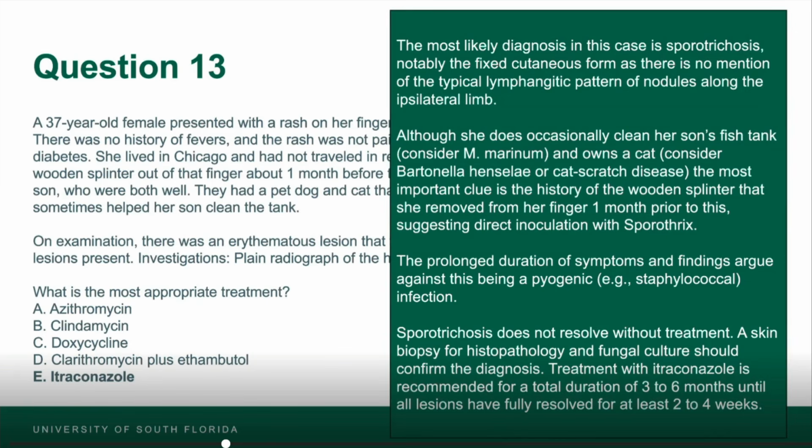So yeah, they're saying this is a fixed cutaneous form, as there's no typical lymphangitic pattern, and she has other risk factors here in this history, but it was really the wooden splinter that would point you towards sporotrichosis. I don't know that this is a perfect question. If you do have that nodular lymphangitis, it can also be things like staph and strep, but you would expect that to be a pretty acute onset.